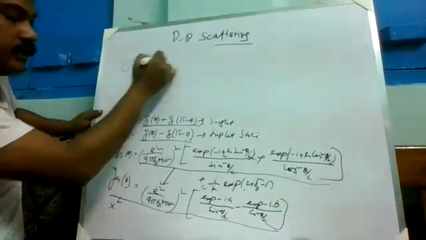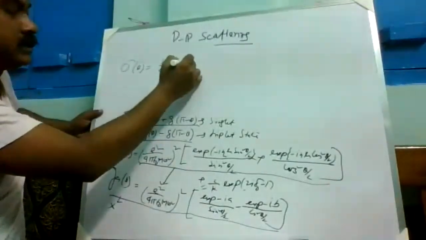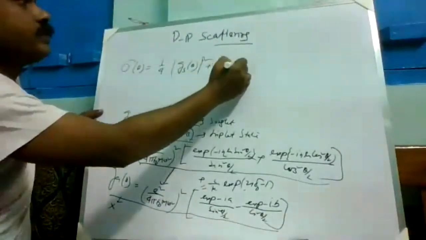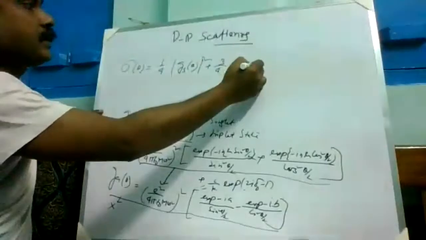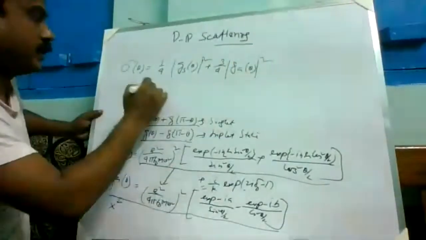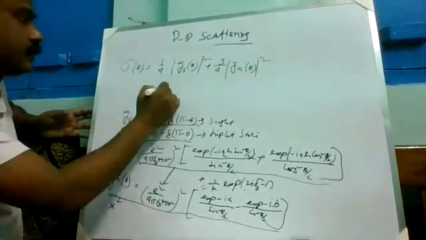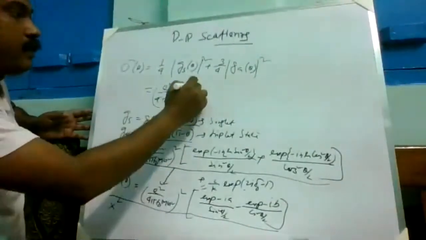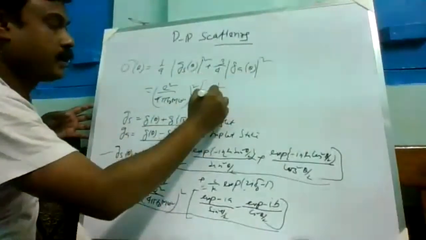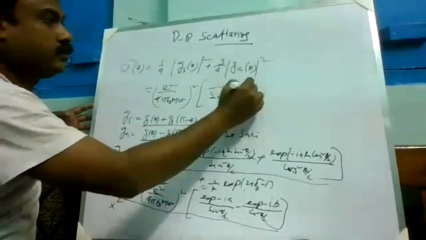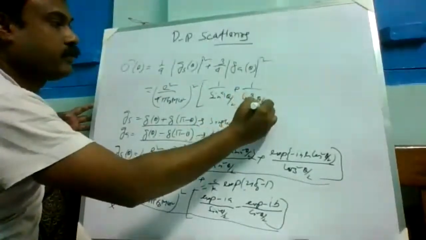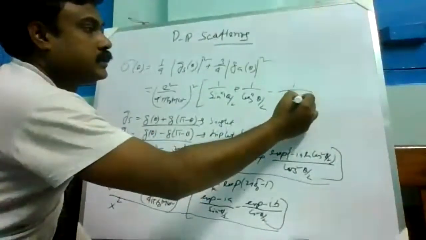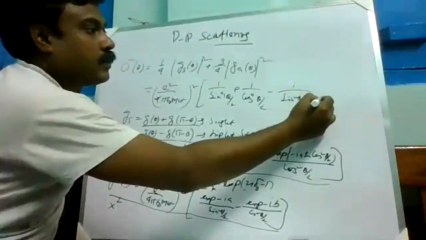Similarly, σ(θ) will be equal to 1/4 |G_S(θ)|² plus 3/4 |G_A(θ)|². This will be (e² by 4π)² times 1 by sin⁴(θ/2) plus 1 by cos⁴(θ/2) minus 1 by sin²(θ/2) cos²(θ/2).